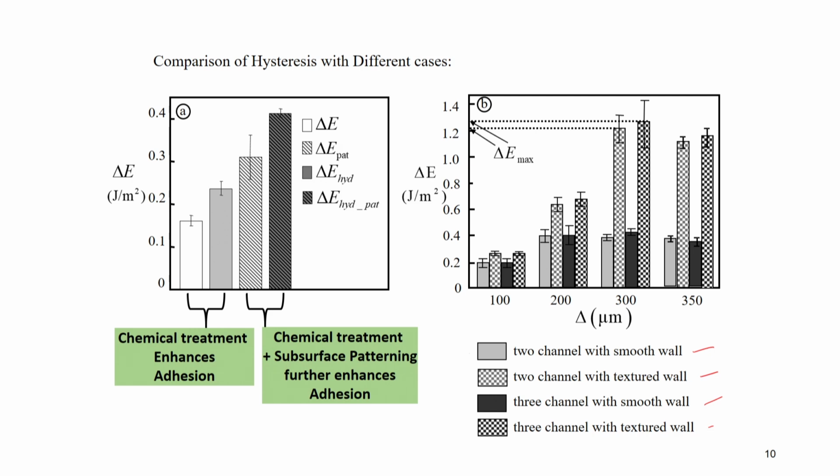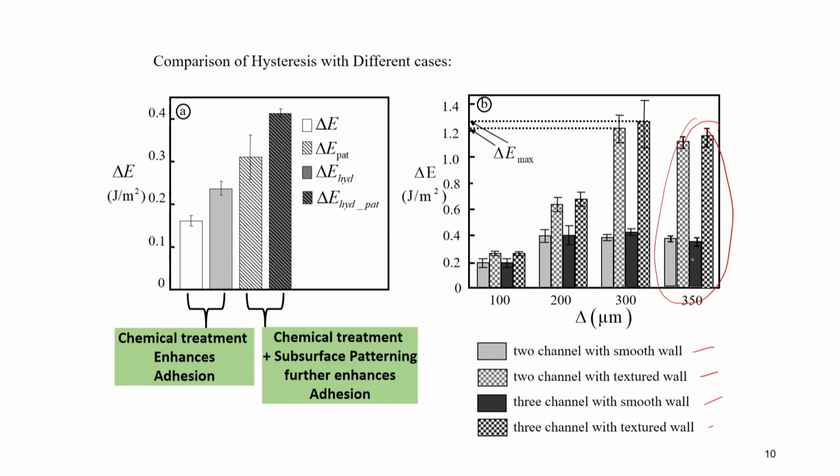You can see here that channels having textured wall have much larger hysteresis than channels having smooth wall. So 2 and 3 wall channels do not have much difference, because as the depth increases the effect does not increase much.